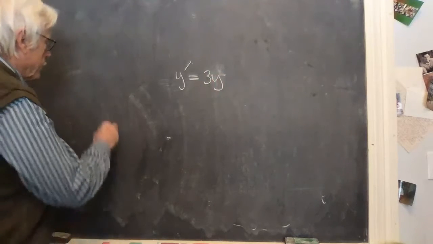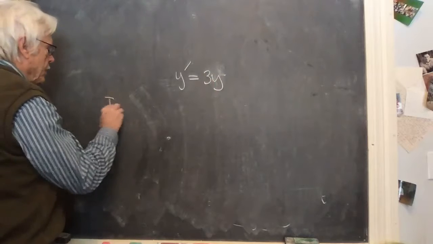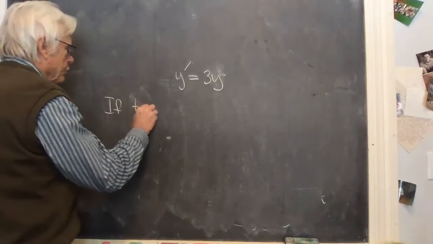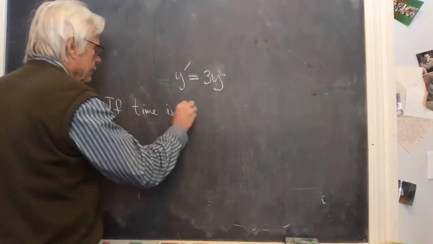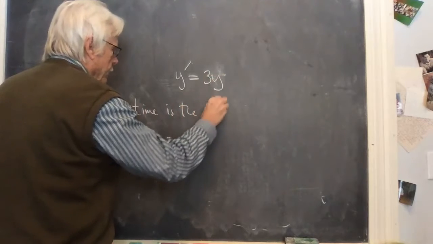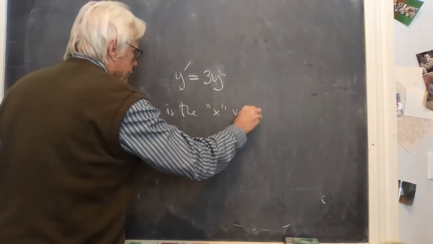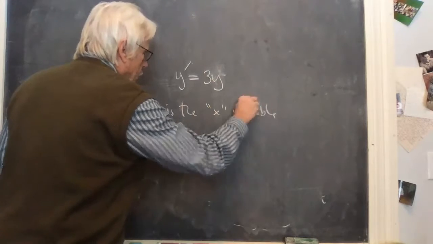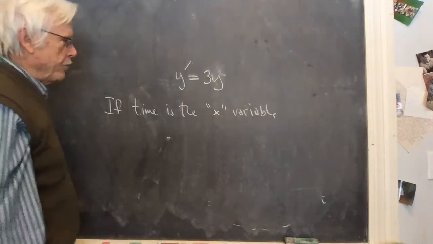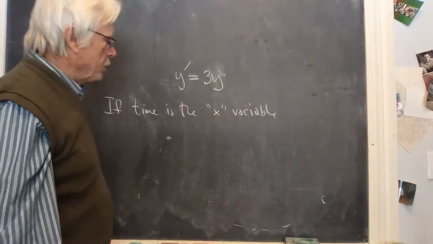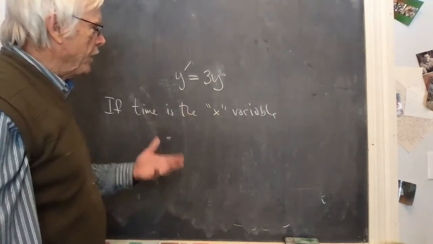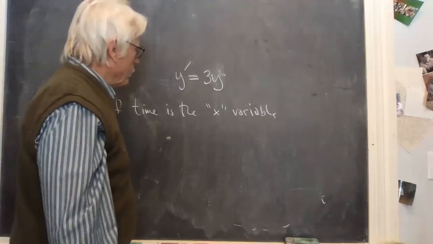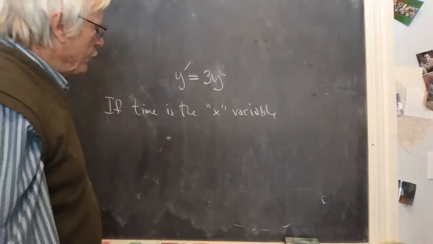In words, this says if time is the x variable, so if y is a quantity given in terms of time, y of 1 means how much y you have at 1 year, y of 2, how much y you have at 2 years, and so on.